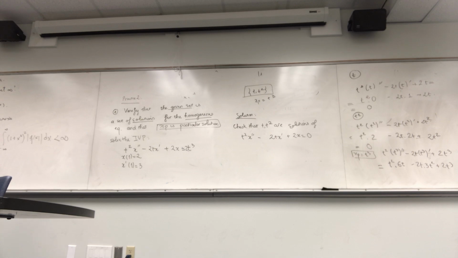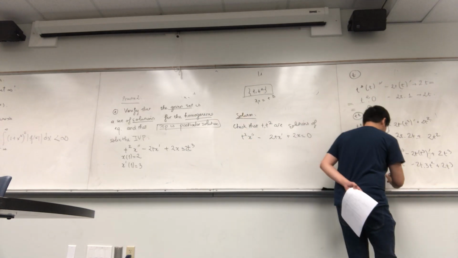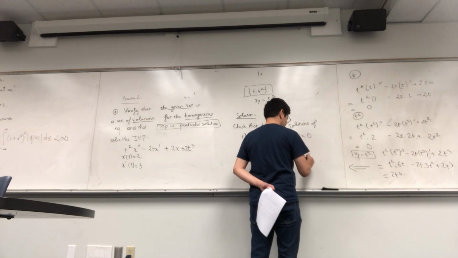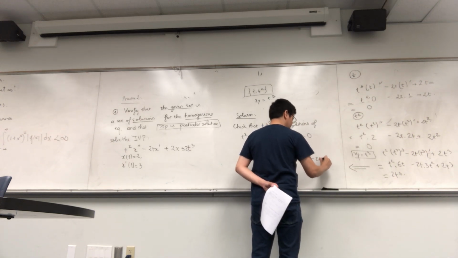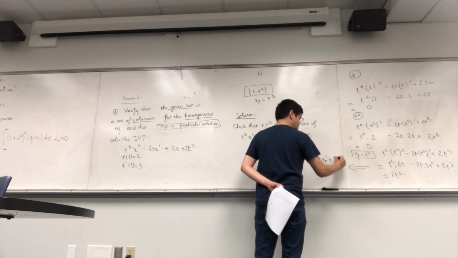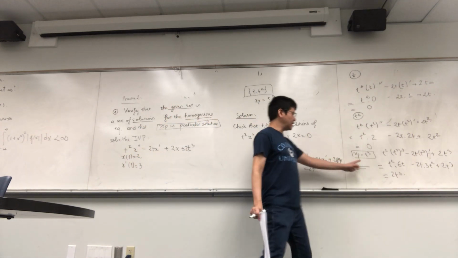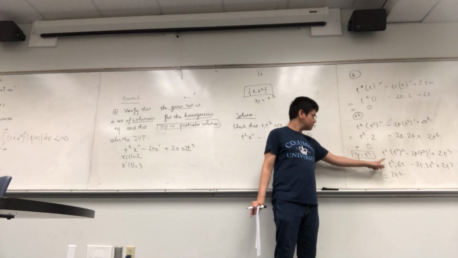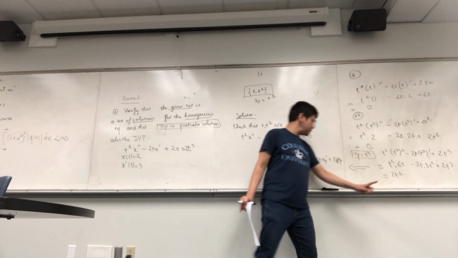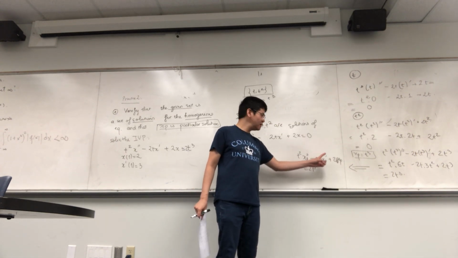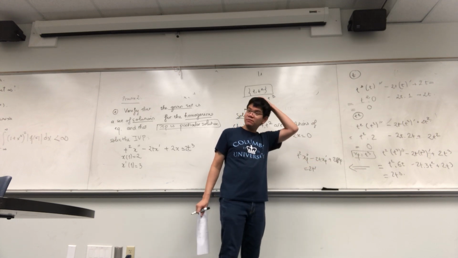What is the final answer? The final result of this is 2t cubed, which means that t squared xp second minus 2t xp prime plus 2xp is 2t cubed, right?